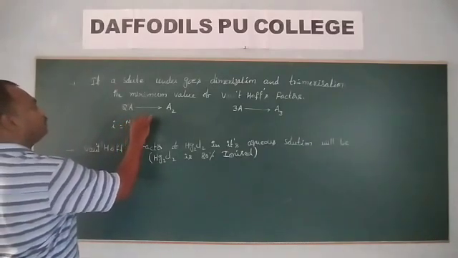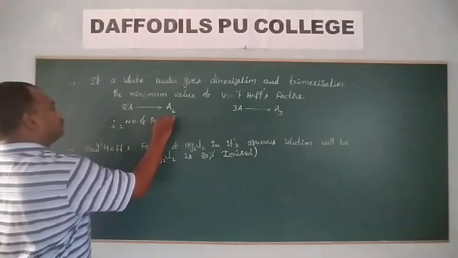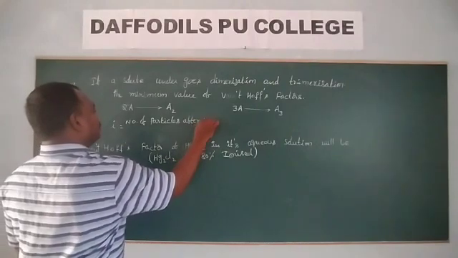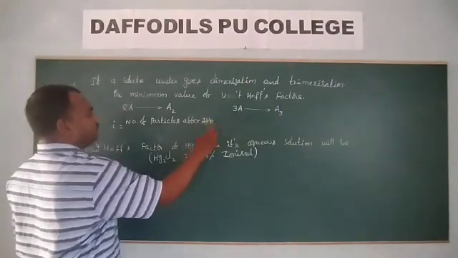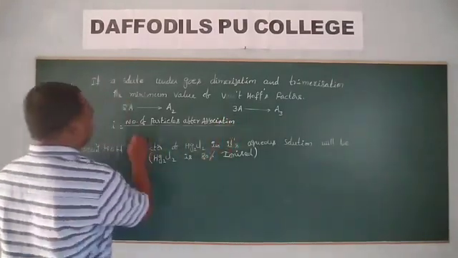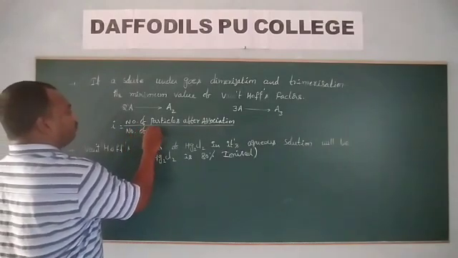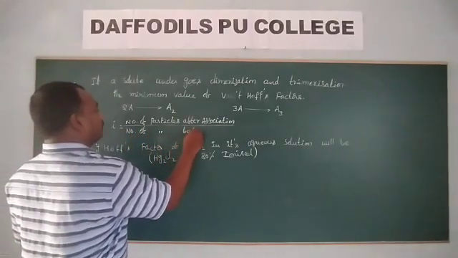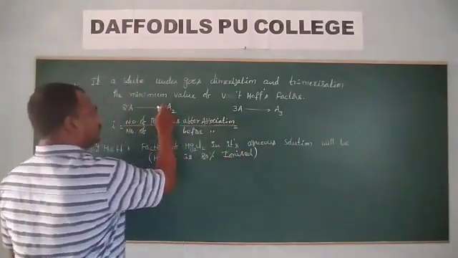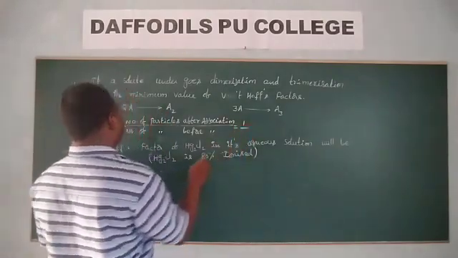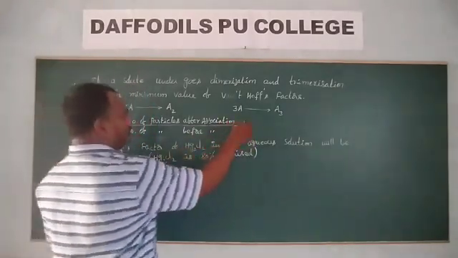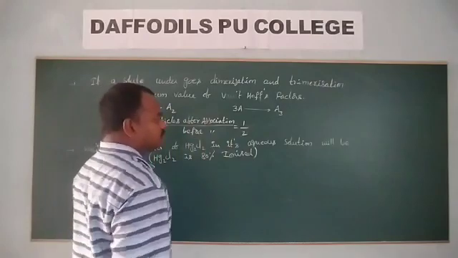So number of particles after association, by number of particles before association. After association, how many particles are there? 1. Before association, 2. So the Van't Hoff factor is 1/2 for this association process.